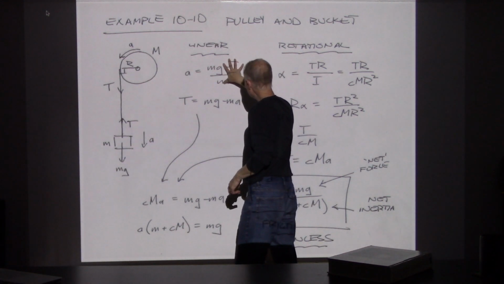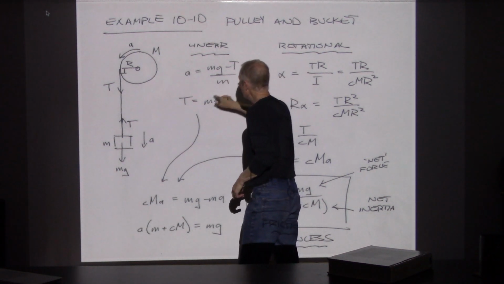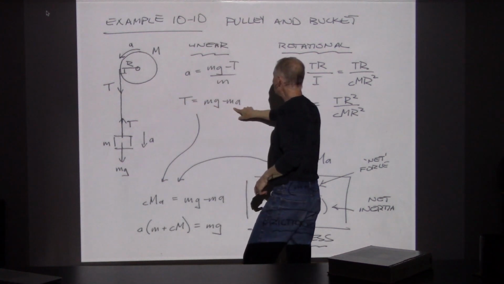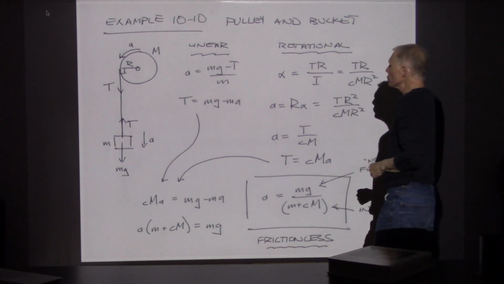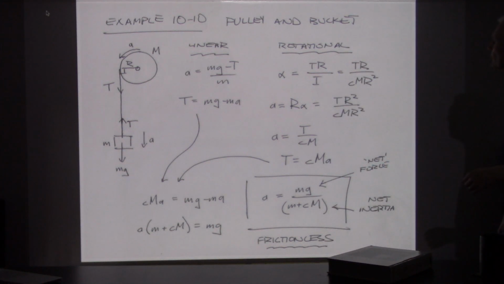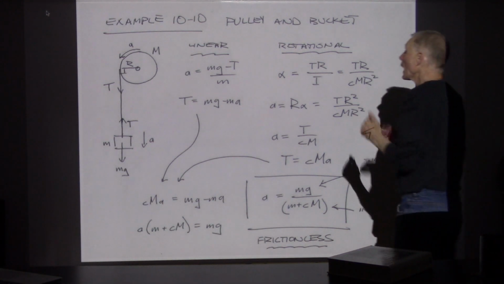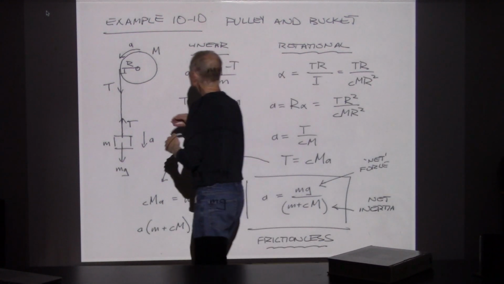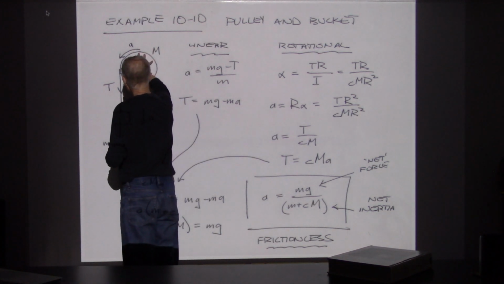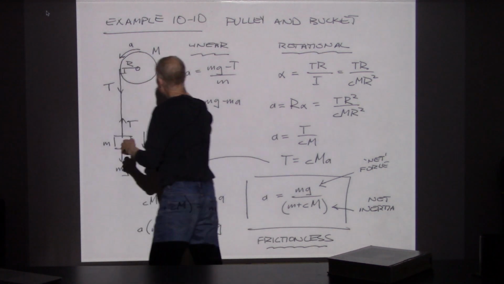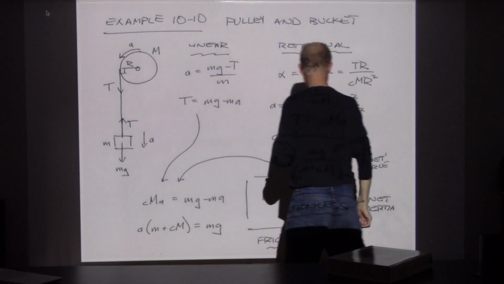I also wrote down the formula T equals m a, just because it's always been so useful before, so I solved for the tension. Now that's only one formula. I don't know what the tension is, so it's not enough information to determine the acceleration. I am going to have to find out what the acceleration is here, and then somehow bring those equations together.